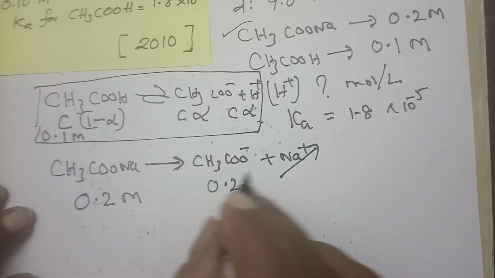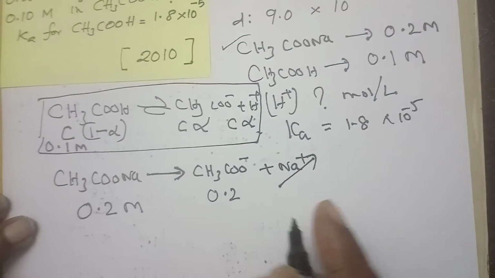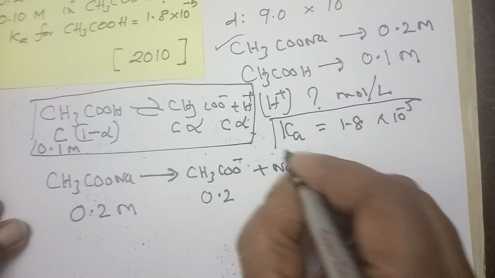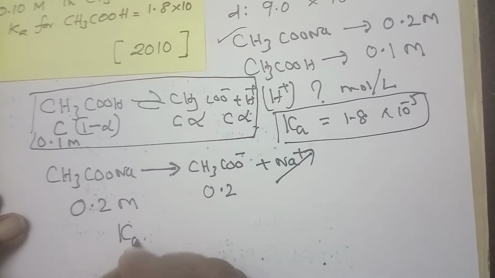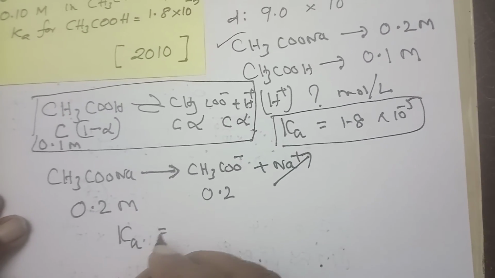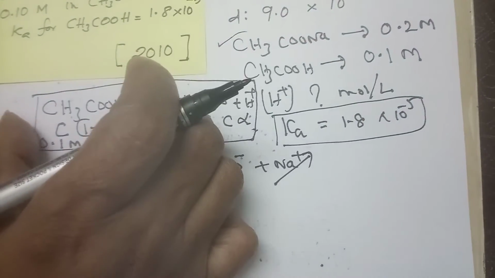Now the question is about the H plus ion. The Ka is given. So from the Ka, let us see how we can bring in the H plus. Write the formula of Ka. In the weak electrolyte, it is products divided by reactant.